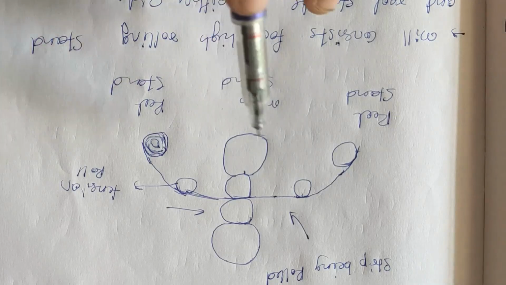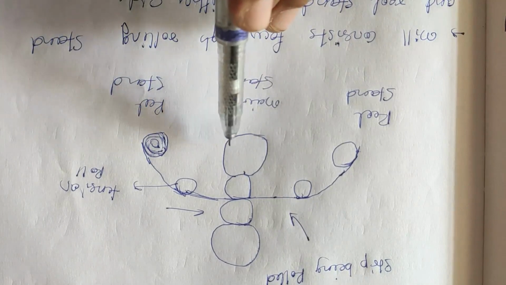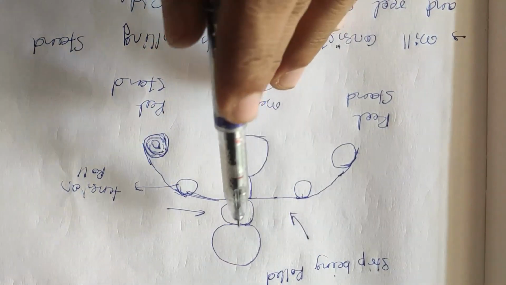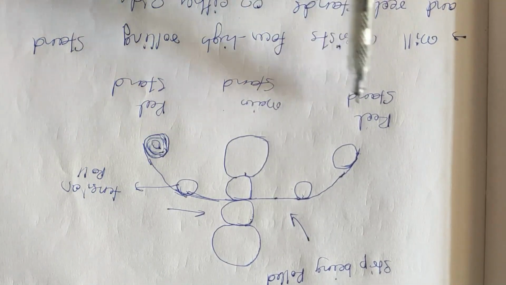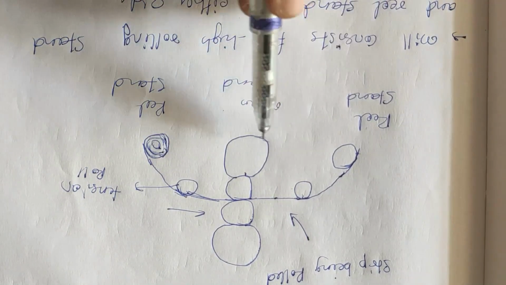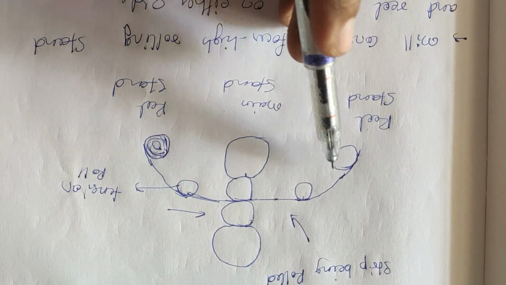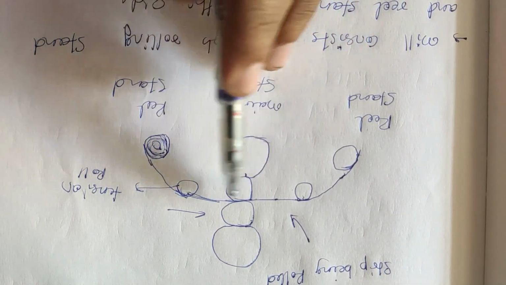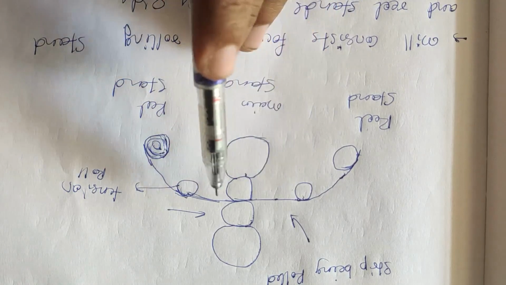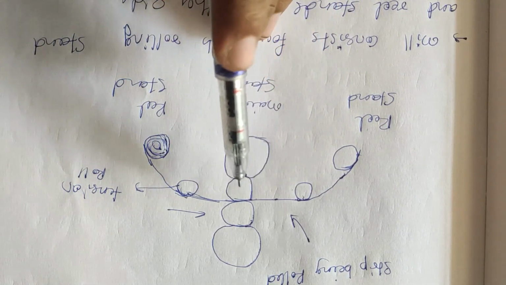See, this is the example. This is called the main stand, on which we have 4 rolls. On either side we have a reel stand. In the reversing action, the metal rolls forward and backward. That is why it is called a reversing mill.